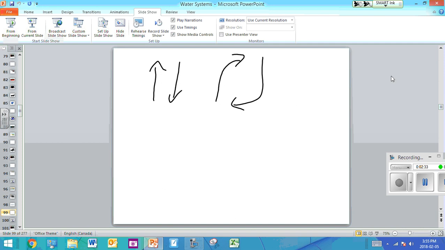If I was a hurricane and I was developing, I'd have water and air rushing in from all sides. But once again, in the northern hemisphere, it gets deflected to the right. So each one of these lines curves a bit.